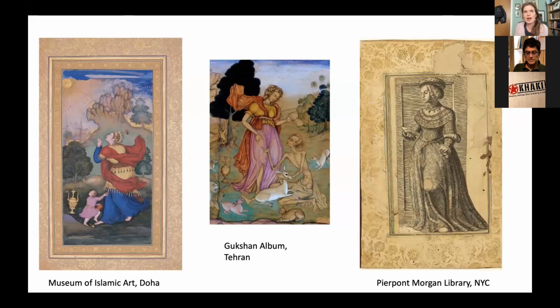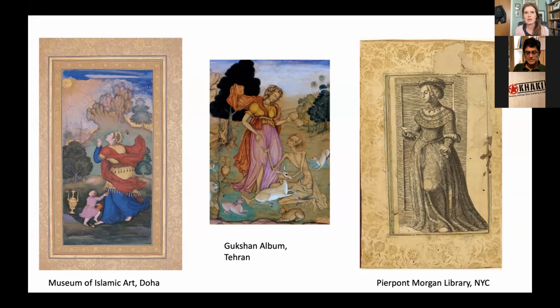So we've already been establishing that the appropriations from European art of Mughal women are located in meanings within the Mughal court, like the breastfeeding, having that kind of resonance with something very important within their own culture.